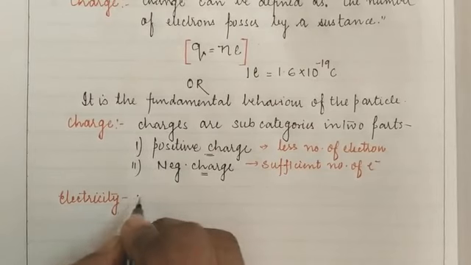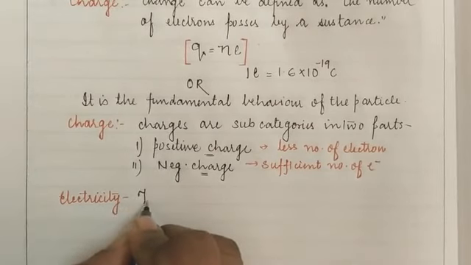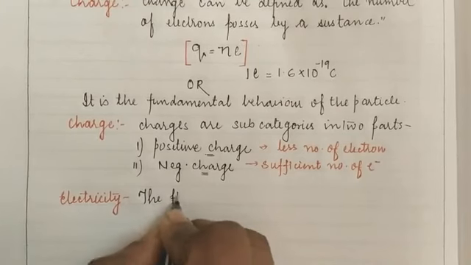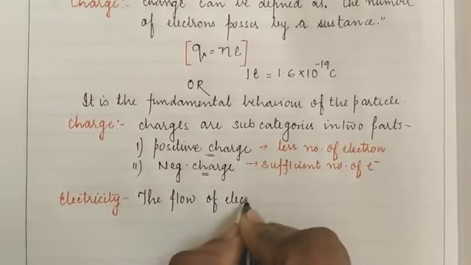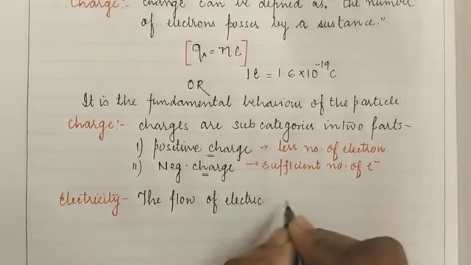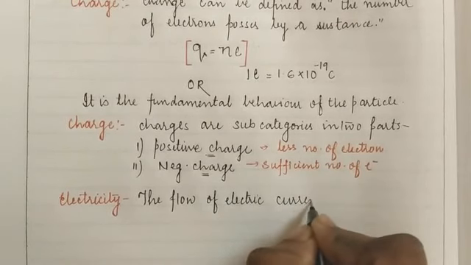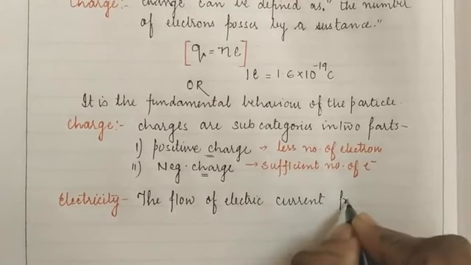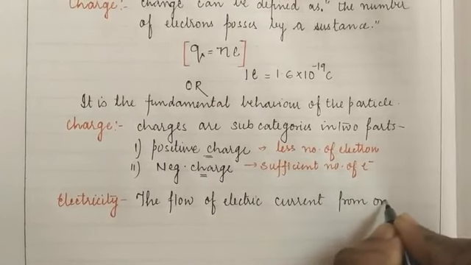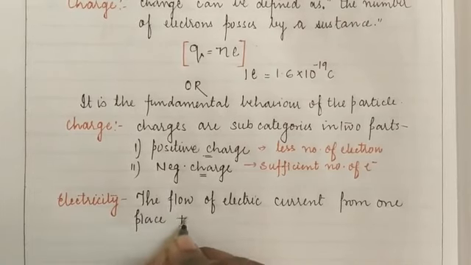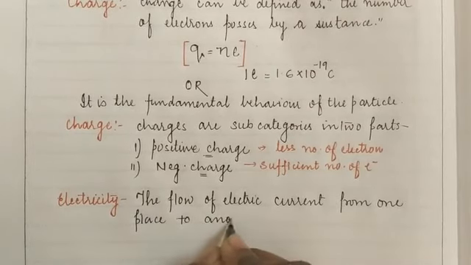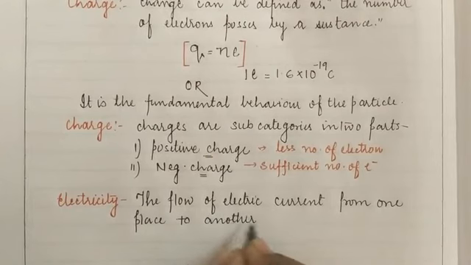Electricity means the flow of electric current from one place to another place, and it is called electricity.